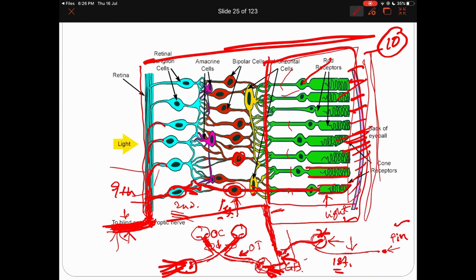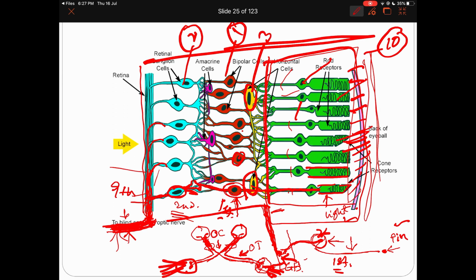So, the two real game players are obviously number 1, bipolar cells, first order neuron, and number 2, the ganglion cells. Surely they are the 2 cells. But when the plexuses were formed between the rods and cones and the bipolar cells, you required a third group of cells. This is called the horizontal cells.